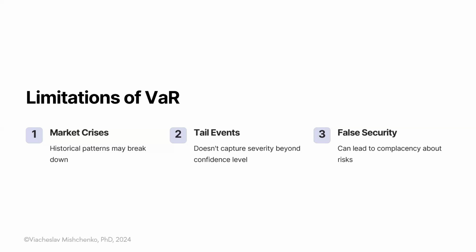For example, there is a measure like expected shortfall or conditional value at risk, which may tell us the average loss in the tail beyond value at risk, beyond, for example, parametric or historical value at risk. So it investigates just the tail of the distribution. Then another approach is stress testing.